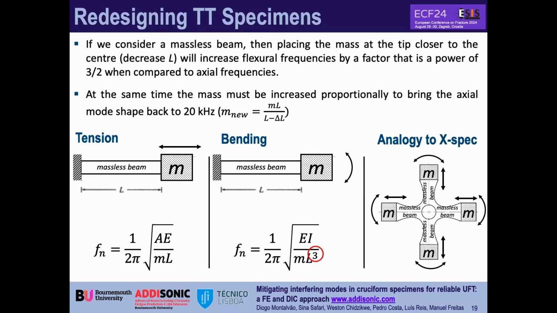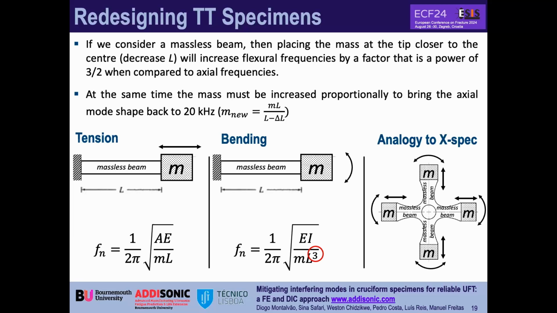If we consider a massless beam, as presented here for both cases, tension and bending, and then we move the mass at the tip closer to the center, so we are decreasing length L, we are going to increase the flexural frequencies by a factor of power 3/2 when compared to axial frequencies.